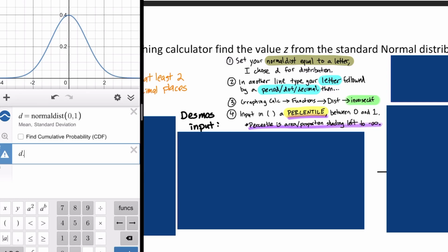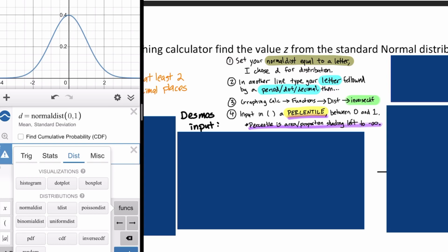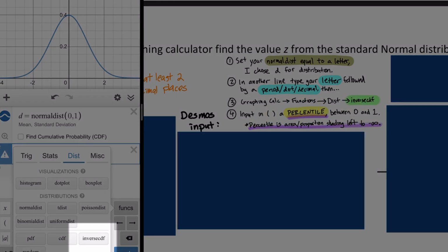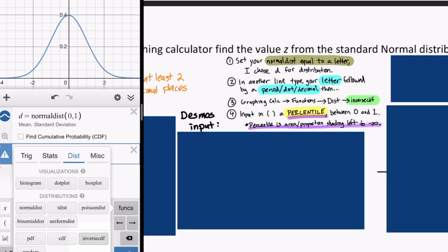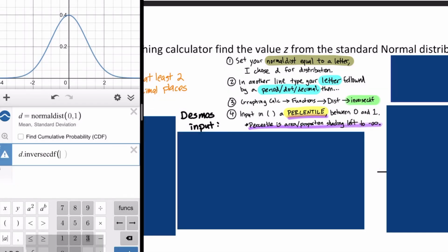So again, let's press the functions button, and then go to distributions if it's not already, DIST, and then further down the list on the bottom, pick inverse CDF. So inverse CDF of our D distribution, and then the input there, we're going to input in the parentheses a percentile. And we have to input it as a number between 0 and 1.